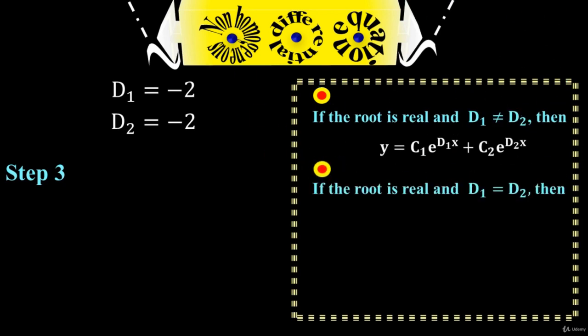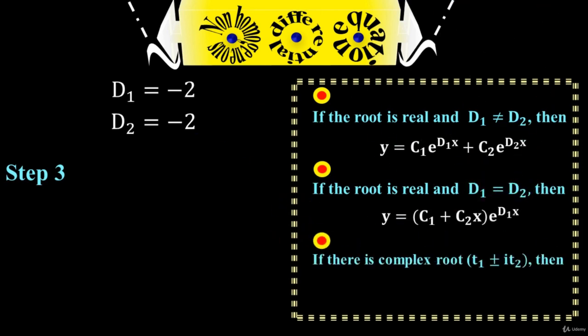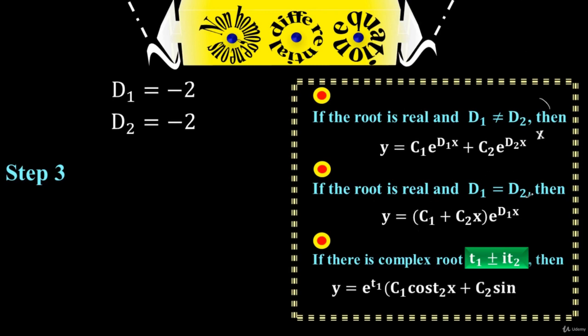If the roots are real and d sub 1 equals d sub 2, then you're going to put this equation. And in case the roots are complex, in this form t sub 1 plus minus i t sub 2, then you're going to pick this equation. These are the exact rules that we applied for second order homogeneous differential equation in the previous topic.